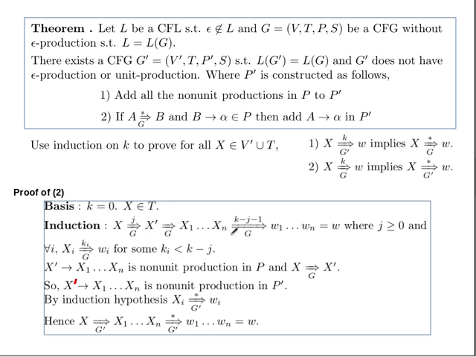So in G we have that each of these xi is going to this wi using some number of steps which is less than k, right? Because we have already used this j many steps here. Here we have k minus 1 minus j, because one step is taken here. So all these things are less than k, obviously.